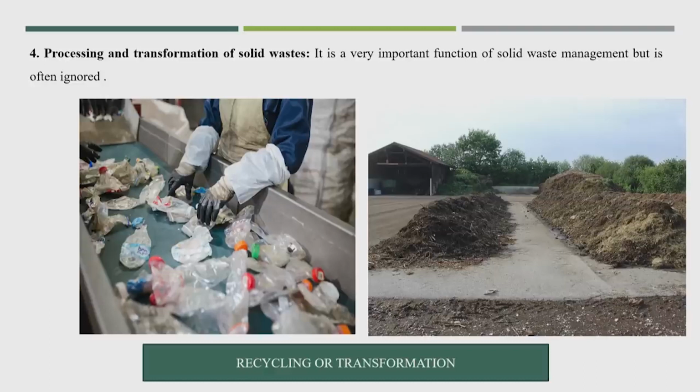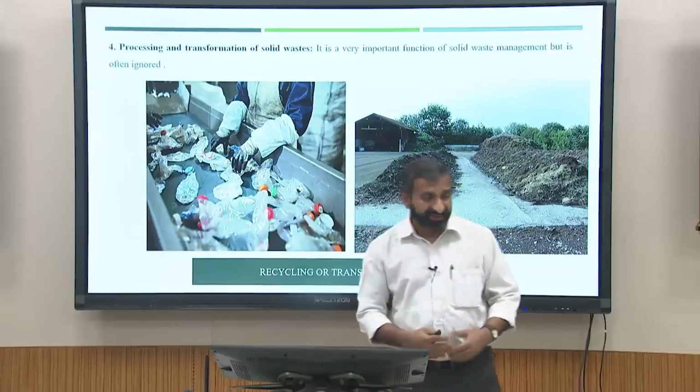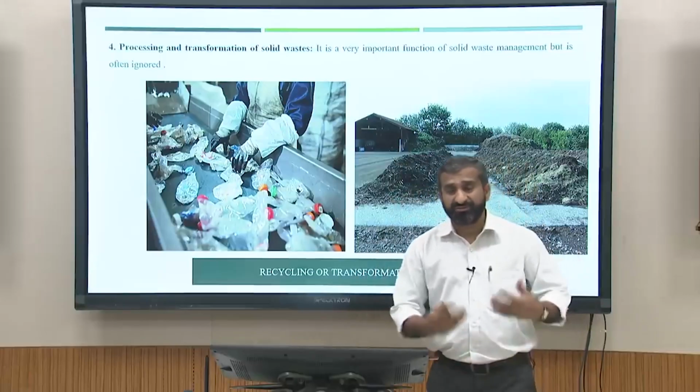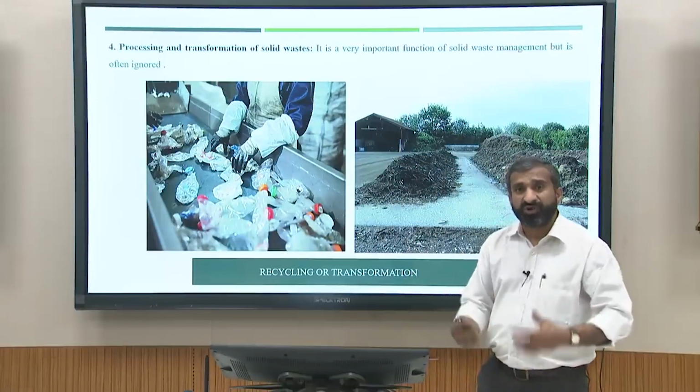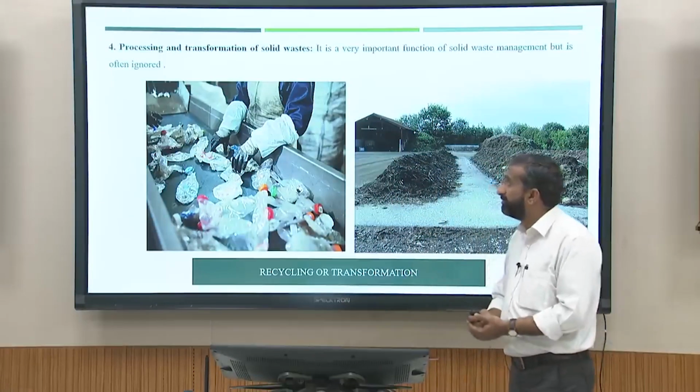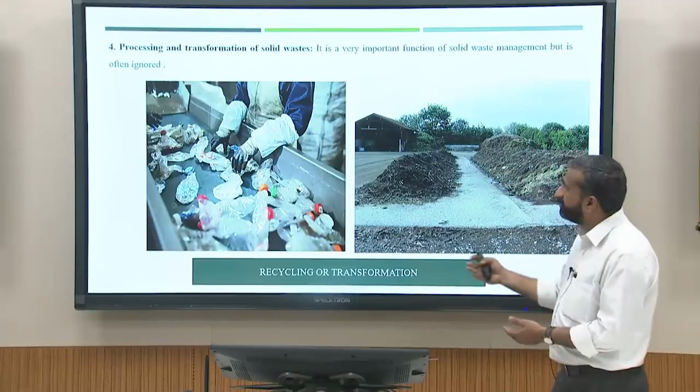Once the entire waste is collected, we go for processing and transformation of solid waste. This is one of the most important functional elements in solid waste management, where India and most developing countries need to work more. Now, here I put two kinds of photographs.